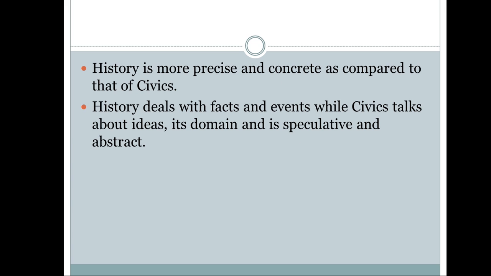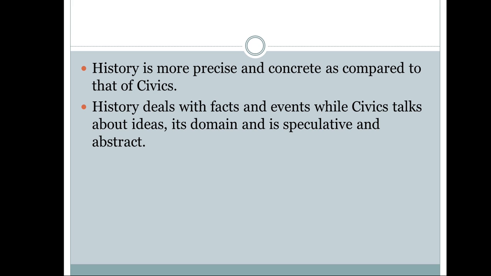History is more precise and concrete as compared to civics. History deals with facts and events. You have history well preserved in chronologically recorded form, either in the primary source form or in the secondary source form. While civics talks about ideas, its domain is partially speculative and abstract.